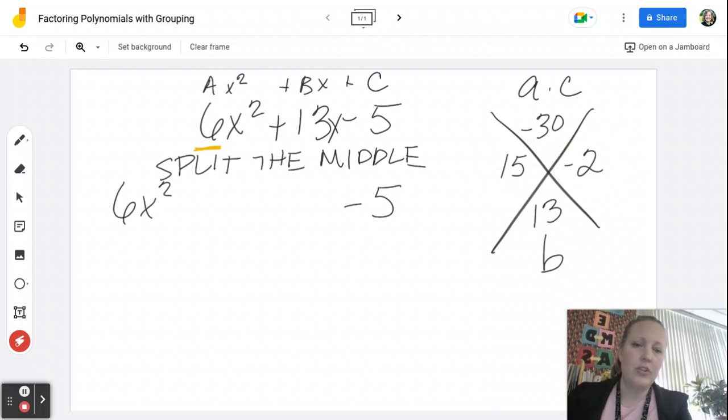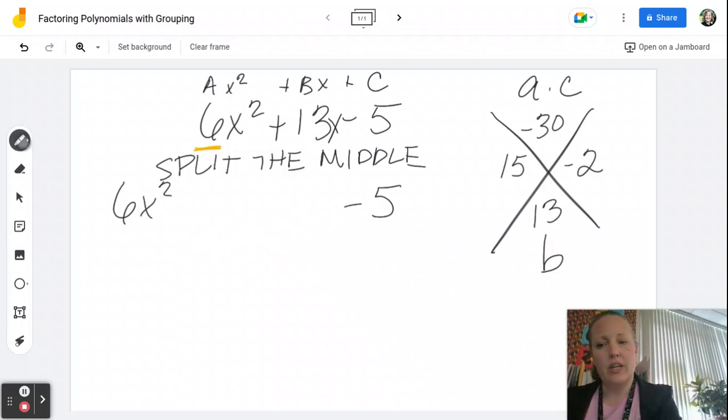But I want to make sure that I put them in their spot either here or here where they're going to have a common factor. So let me do it incorrectly first, okay? So an incorrect way to apply this would probably be 6x squared plus 15x minus 2x.